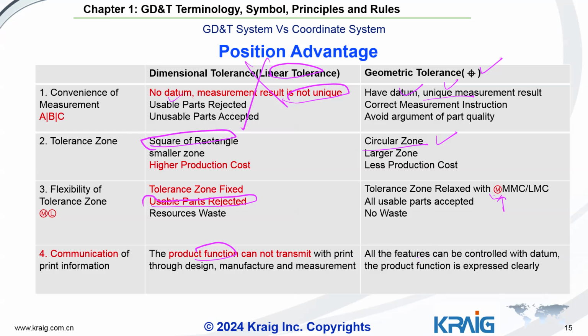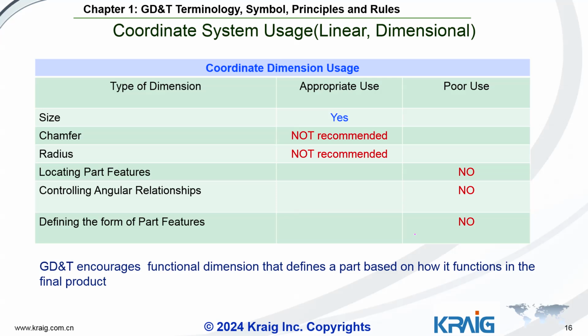Alright, so you may ask, in which situation are we allowed to use plus minus dimension? It tells you something here. For size, you are allowed to use plus minus. For example, it's a pin, and for this pin we put 5 plus minus 0.1, and this is allowed.